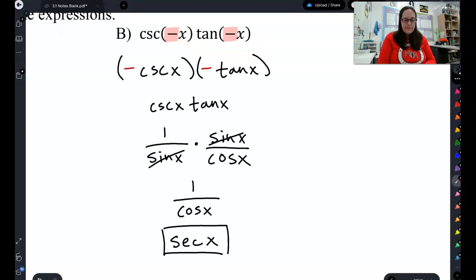Let's check your work. So I brought the negatives outside first. A negative times a negative makes them positive. Then I changed cosecant to 1 over sine, tangent to sine over cosine. I notice my sines cancel. And I get 1 over cosine, which is secant.